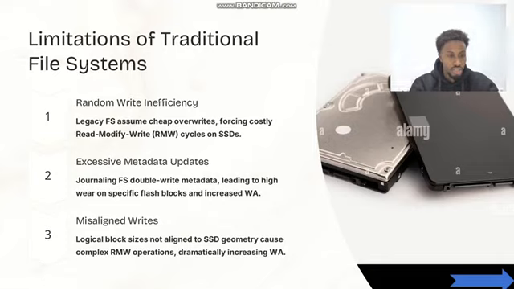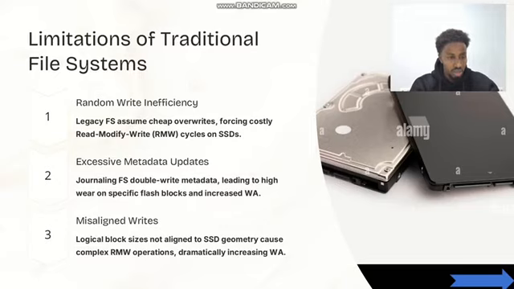And limitations of traditional file systems. This slide explains why older file systems, designed for mechanical hard drives, do not work efficiently with SSD technology. There are some features like random writes.